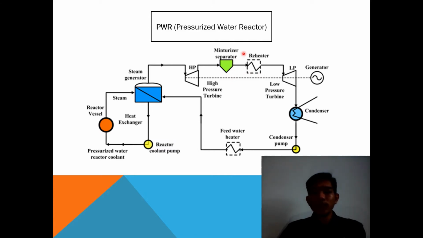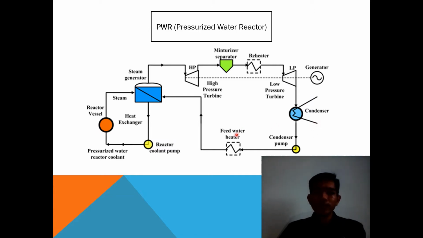After separating the items, water will go to the preheater and then go to the low pressure turbine to generate electrical energy, and then water will go to the condenser and the condenser pump.